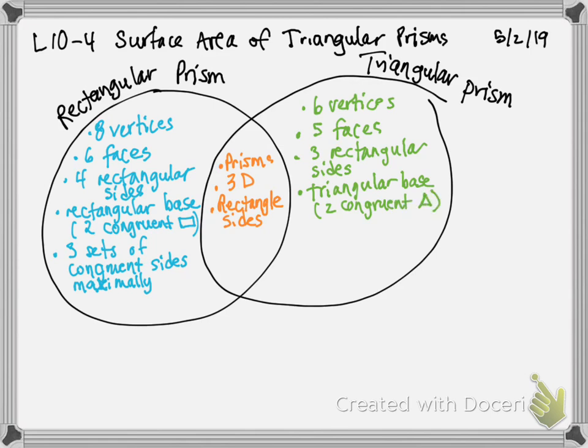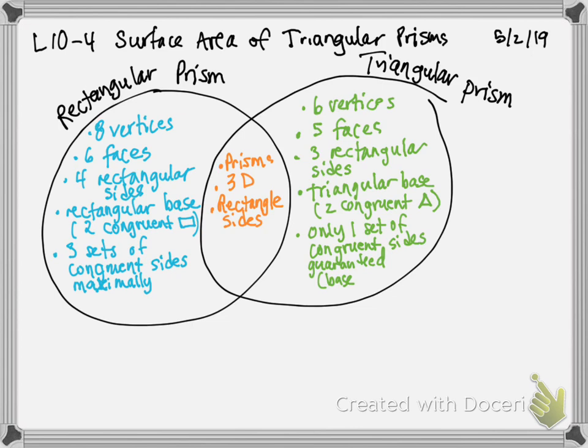Okay. And then what gets a little bit strange is how many sets of congruent sides. There's only 1 set of congruent sides guaranteed. And that would be the bases, right?